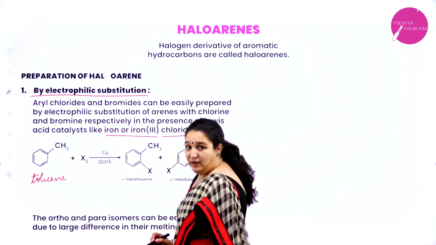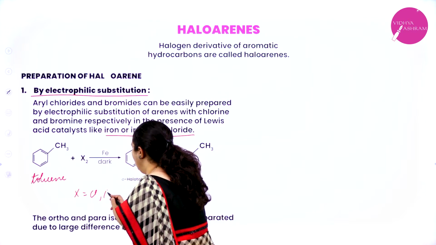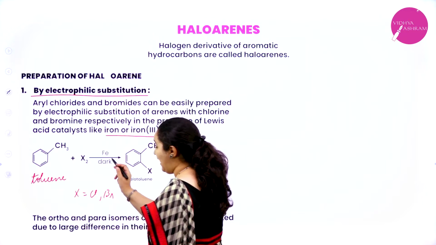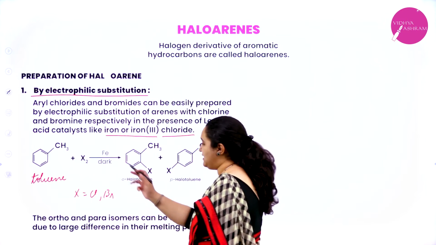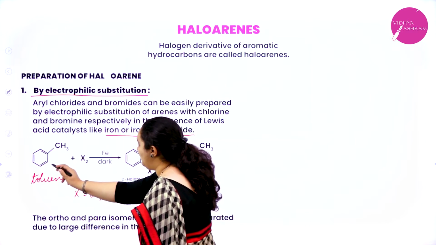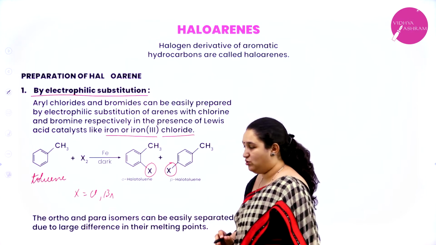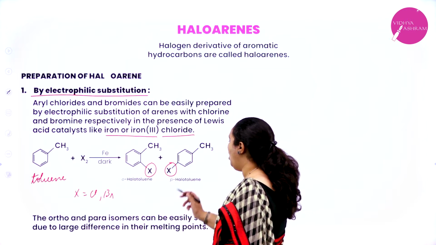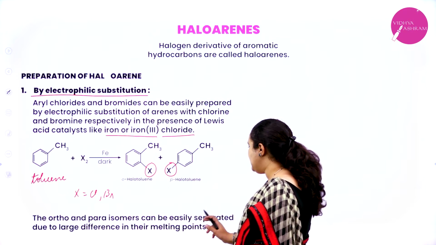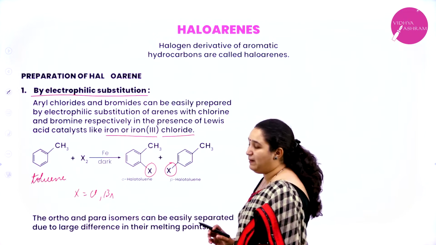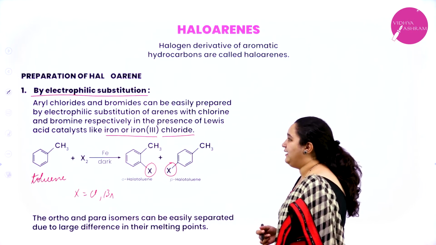You are going to react with chlorine or bromine. X can be chlorine or bromine here. In the presence of iron or FeCl3, ferric chloride, also you can use as the catalyst in dark, then the halogen will get attached to the ortho position or the para position to give ortho-halotoluene or para-halotoluene. The ortho and para isomers can be easily separated due to large difference in their melting points. Okay, so this is one of the methods to prepare haloarene.